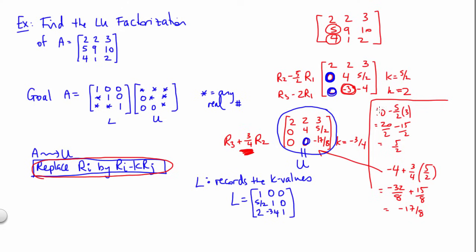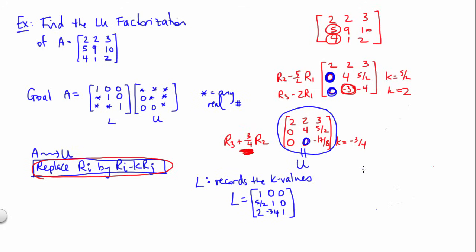So at this point, I'm just going to erase our rough work that we did over on the side, and that will give us room to write up our final answer. So our matrix A that we started with equals LU, where L looks like this.